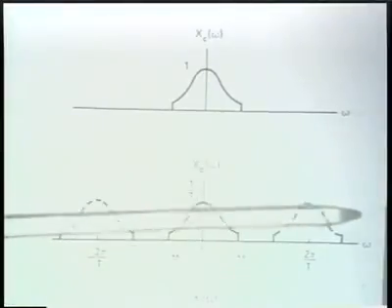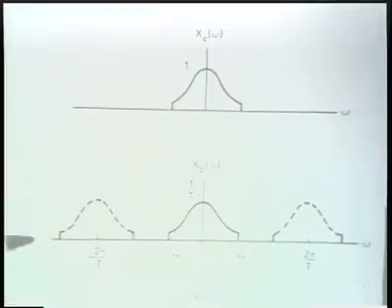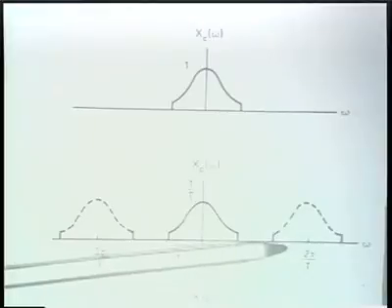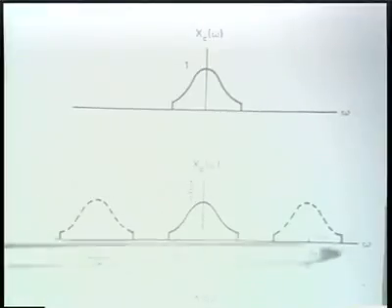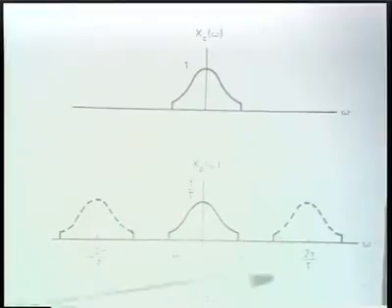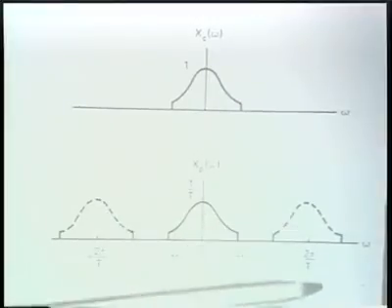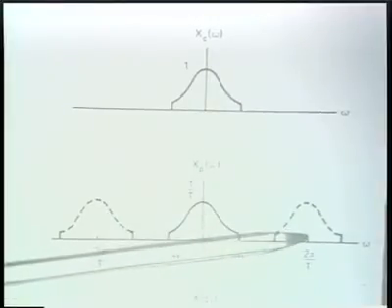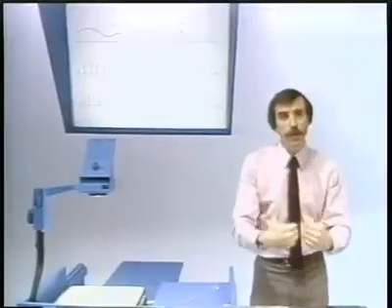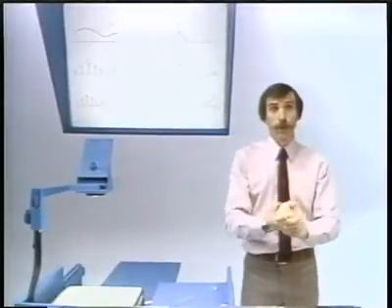Now, we know that a discrete time spectrum must be periodic in frequency with a period of 2 pi. Here we have the periodicity, but it's not periodic with a period of 2 pi. It's periodic with a period which is equal to the sampling frequency.